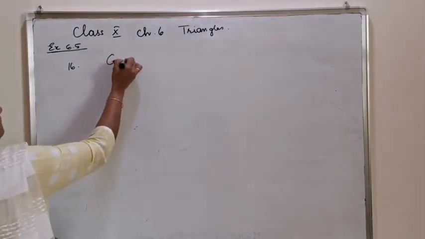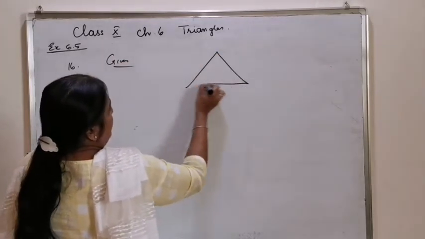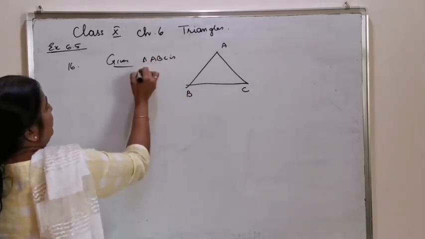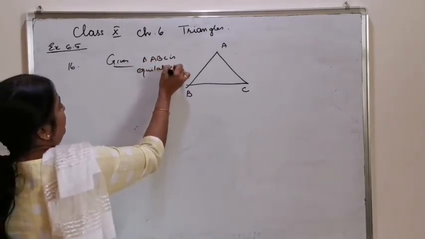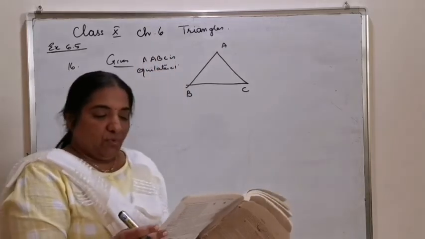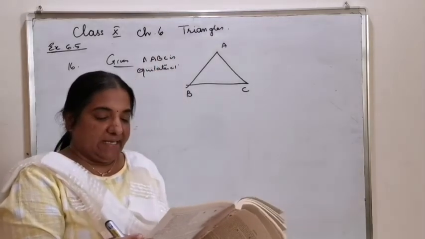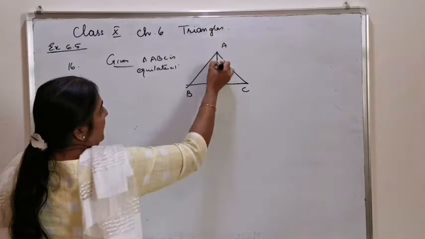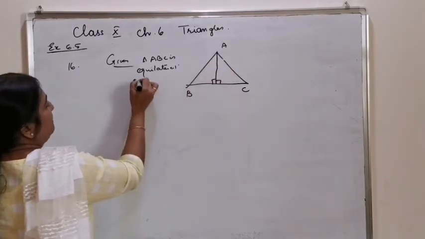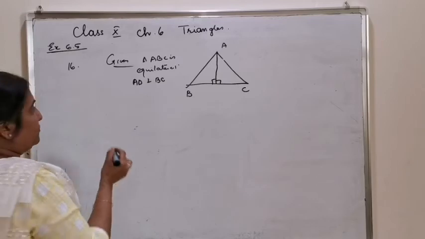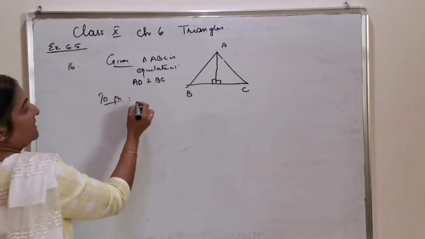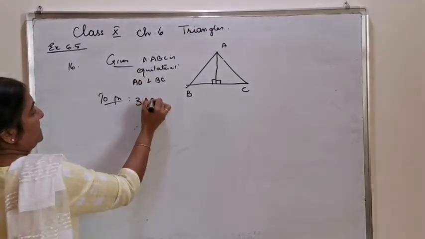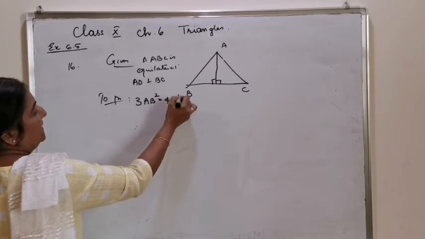So, given triangle ABC is equilateral, and AD is perpendicular to BC. What we have to prove is 3 times the square of one side, that is 3 times AB square is equal to 4 times AD square.